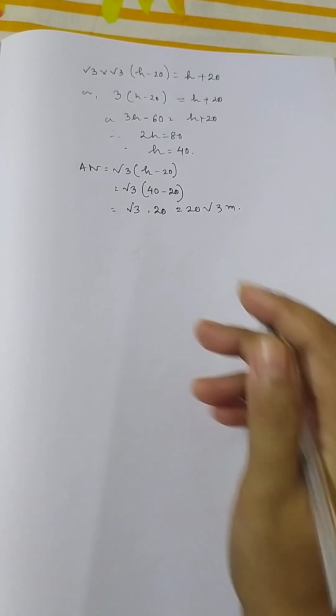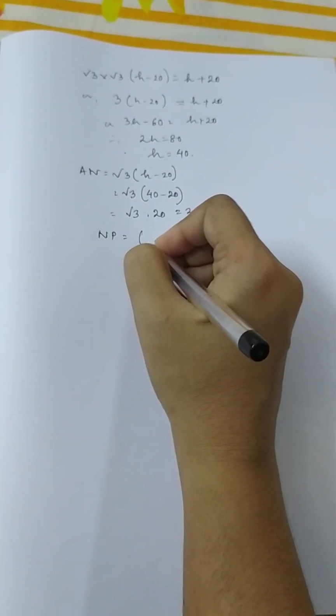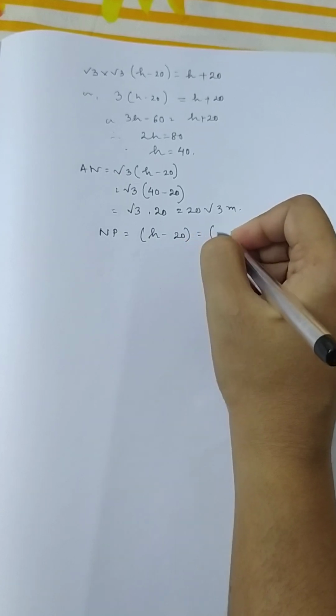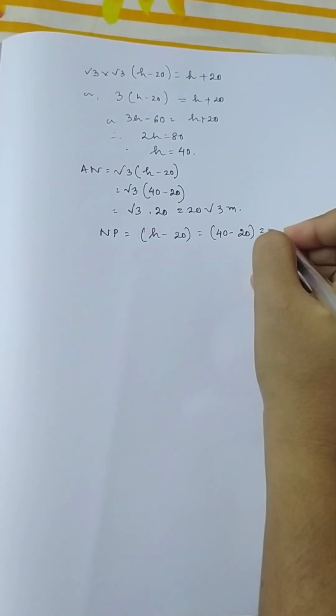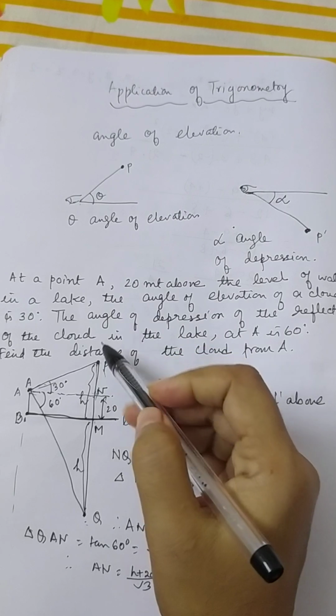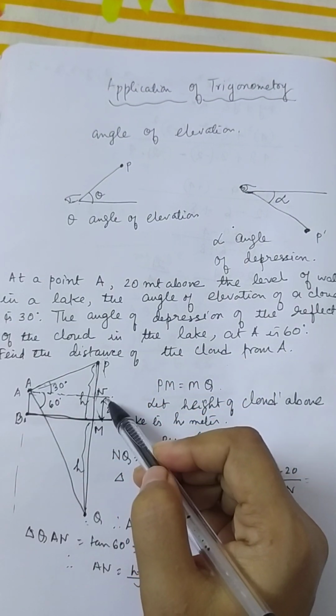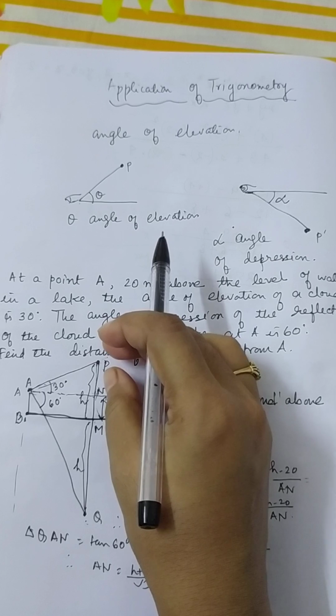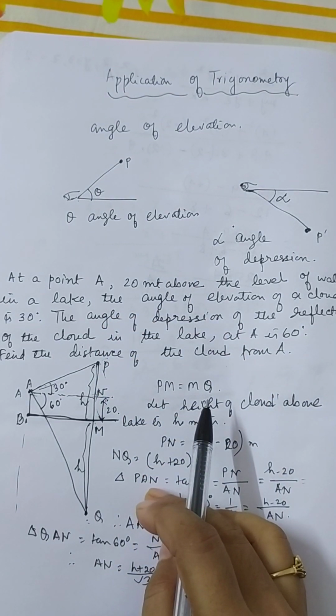Now what is the length of NP? NP is nothing but h minus 20, that is 40 minus 20, that is 20 meter, right?